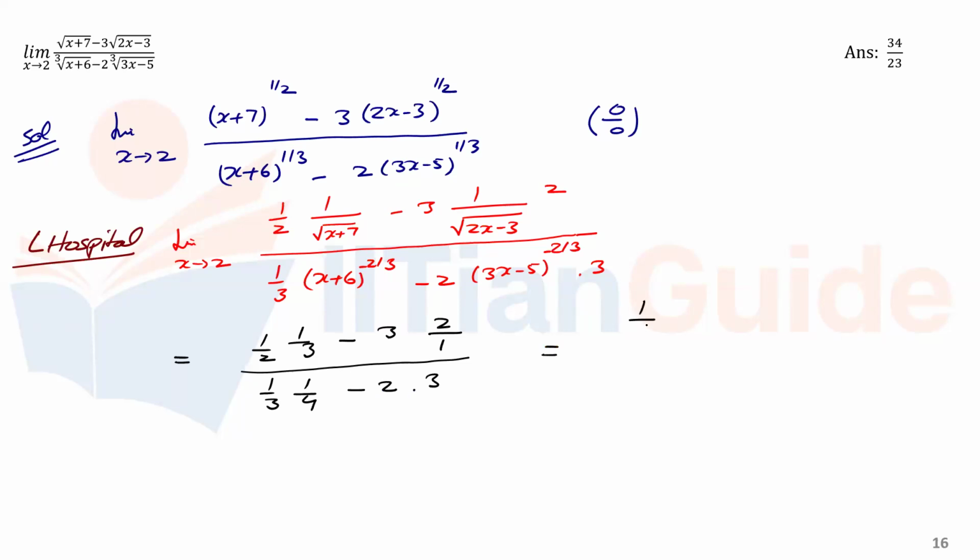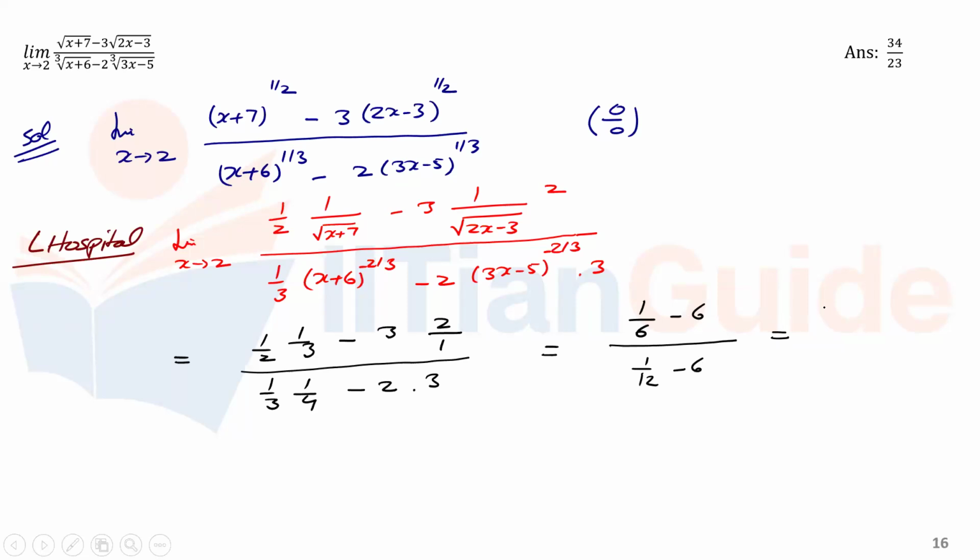The first term, I'm getting 1 by 6 minus 6. In the denominator, I'm getting 1 by 12 minus 6. If I take LCM, I'm getting 1 minus 36. 1 minus 36, how much? Minus 35. Am I right?